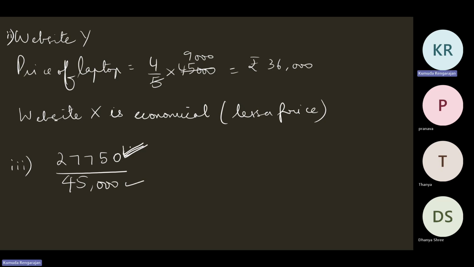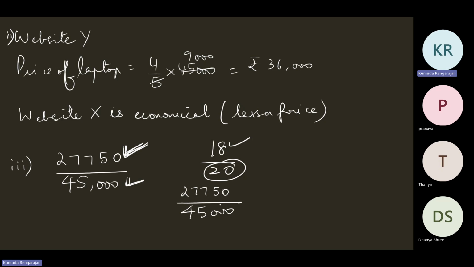This is the checkout price on website X, and this is the original price, 45,000. Like you get 18 marks out of 20 marks in a test. The total marks is 20 and you get 18. Like that here, the actual value is 45,000, but you have got it for 27,750. This fraction you should find. Is that clear?